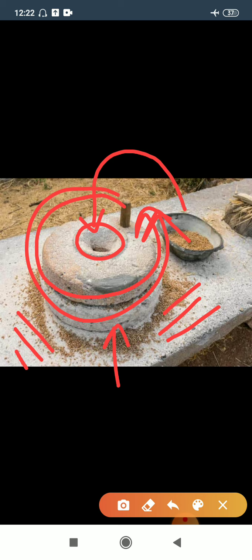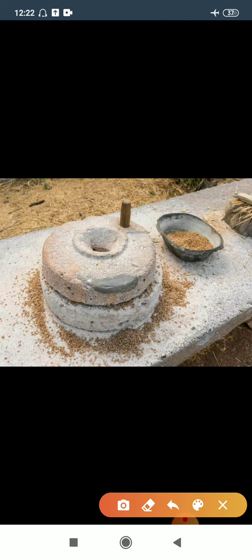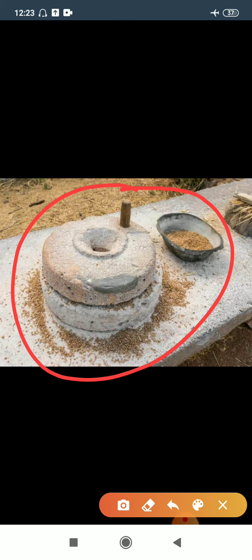This method is used traditionally, but nowadays everyone knows that different types of machinery are used for converting wheat into wheat flour. When machinery was not invented, people used this type of rocks for making wheat flour from wheat grain.